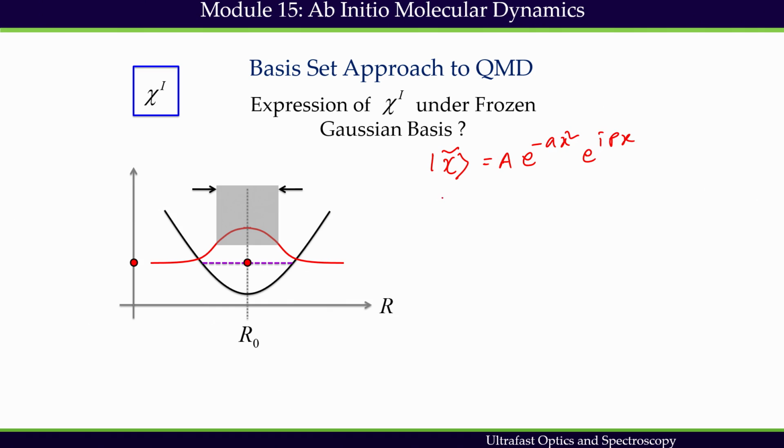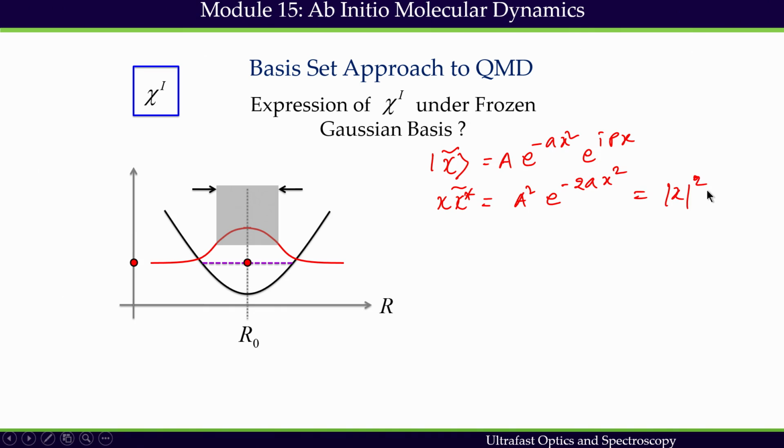So we can take the magnitude, which is nothing but this, and which we get as A square e to the power minus 2a x square, and this is magnitude square.